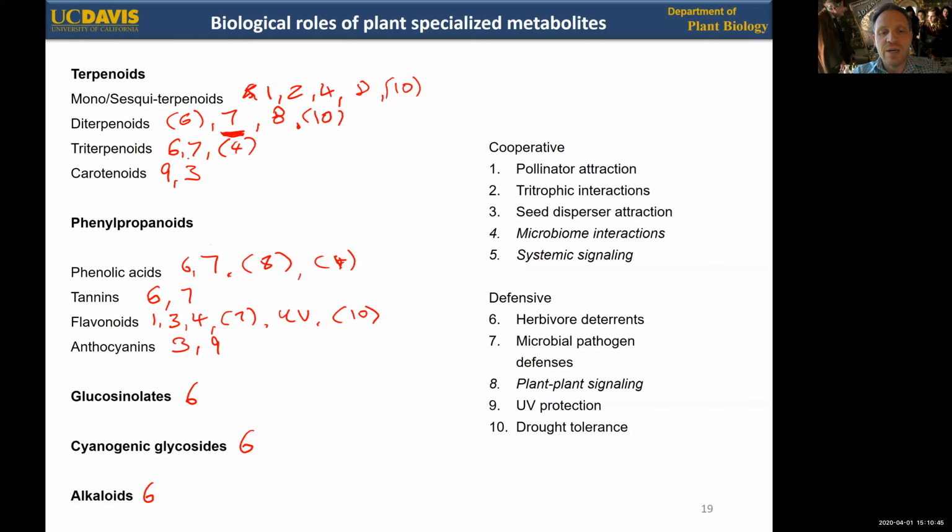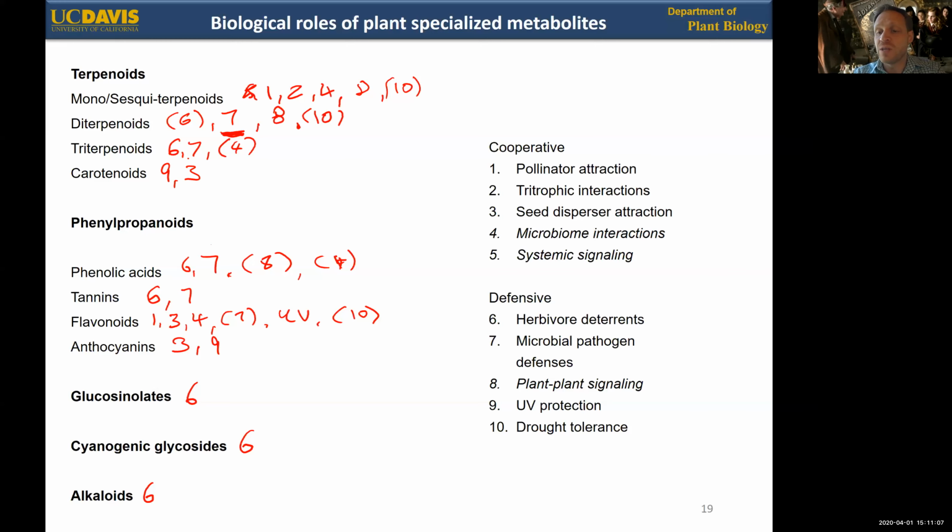Right? So you can see there's a lot of diversity in the functions, and there's a clear relationship of the chemical diversity and the range of distribution of these compounds to the versatility and the diversity of physiological functions that we actually see for these types of compounds.